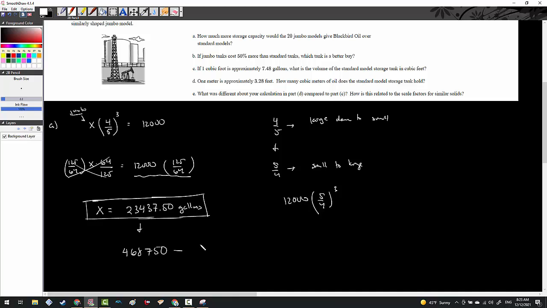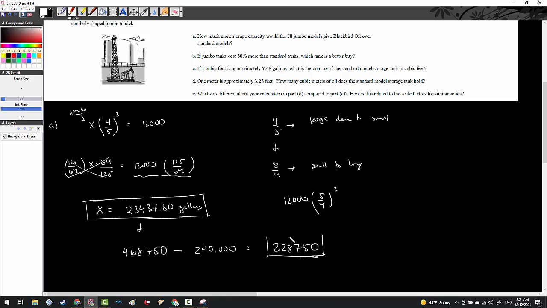And then I'm going to subtract 12,000 times 20, so that's going to be 240,000 gallons here. So I'm going to do 468,750 minus that previous answer, and what I end up getting is 228,750.